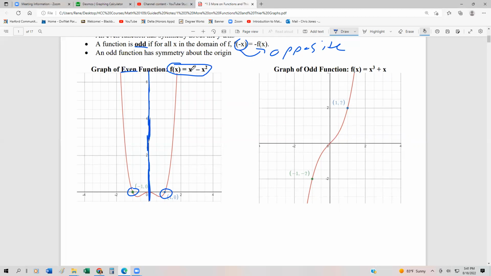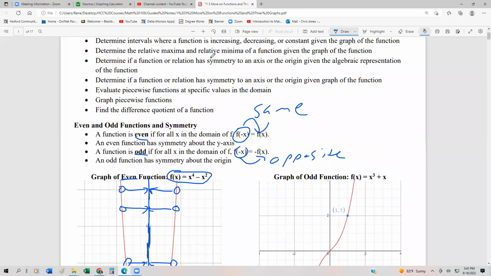So if I look at this point right here, it's equidistant from the y-axis. And every single point that I circle is equidistant from the y-axis no matter what, all right? So that's what it means to be an even function. It means that we have symmetry about the y-axis. So if a function is even, it's going to have symmetry about the y-axis.